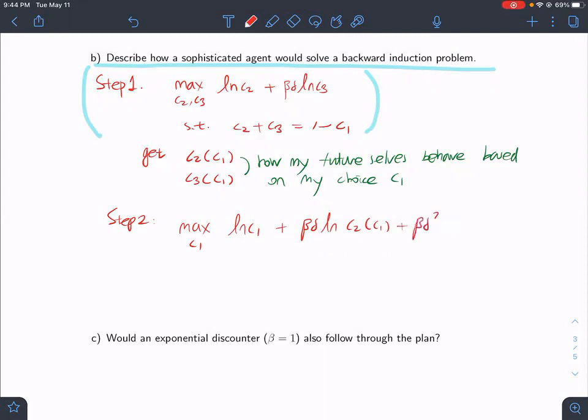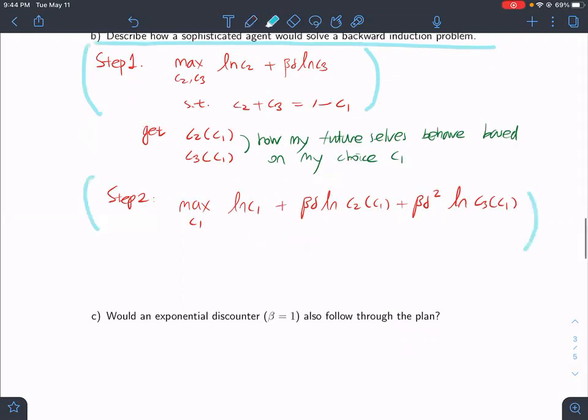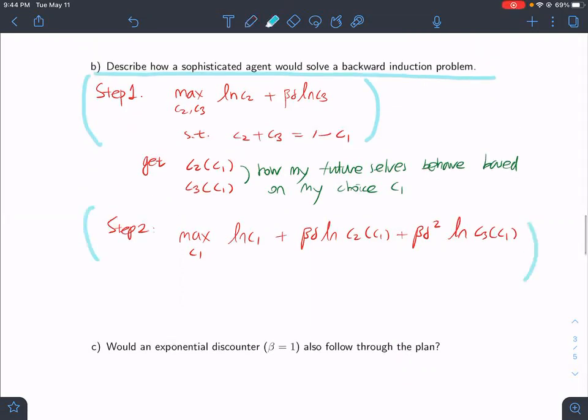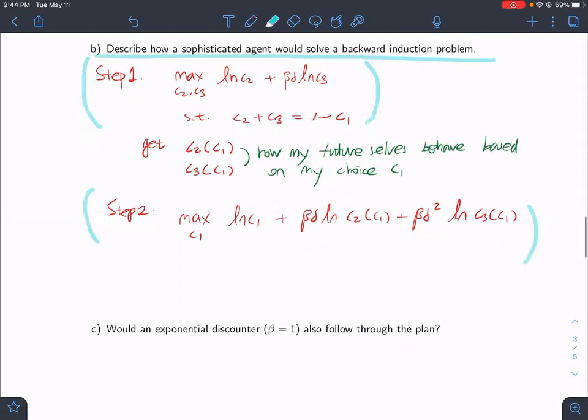C3 is not just C3, it's a function of C1. Okay, so we solve the problem in this way. So this is the backward induction. Any questions? Okay.